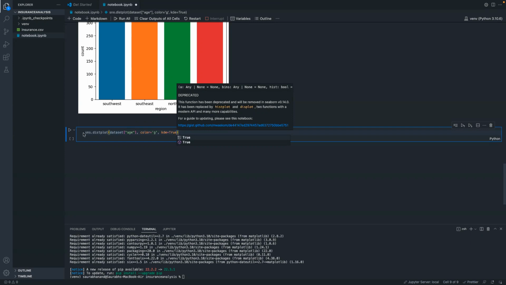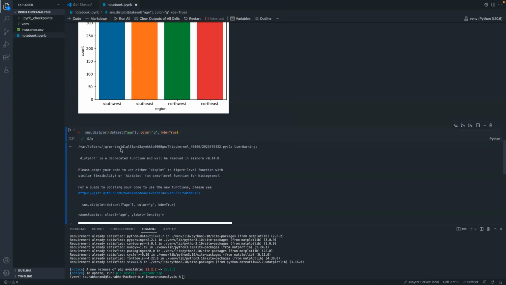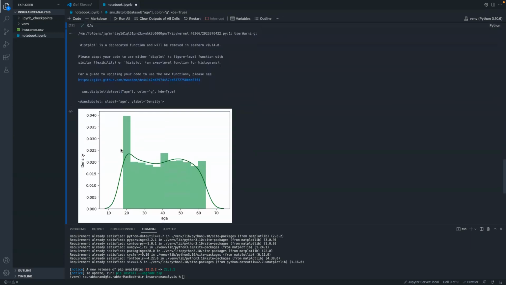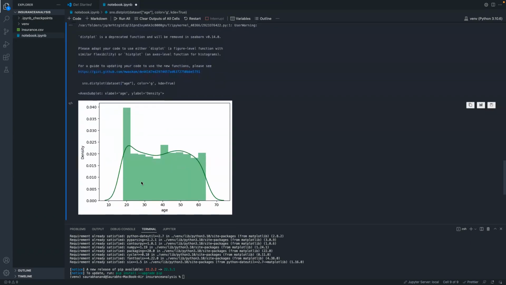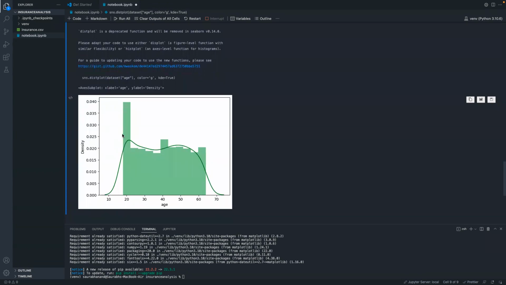As I did for the count plot, you can just Google Seaborn distplot documentation, and you'll be able to find what it does. So you can look at age here, and from here, the people from age 18 to, I would say, 21 have a large share of the distribution in this data set.